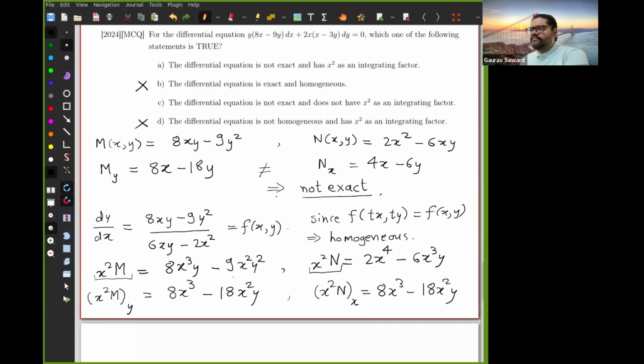So you see that both the sides are equal. An integrating factor is a function which on multiplying throughout makes the given non-exact differential equation into an exact one. So therefore, x square is indeed an integrating factor. So this is correct and this is correct.